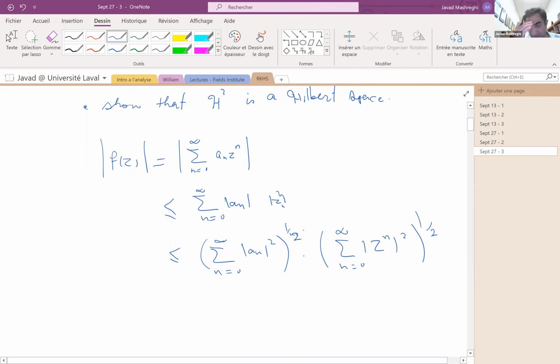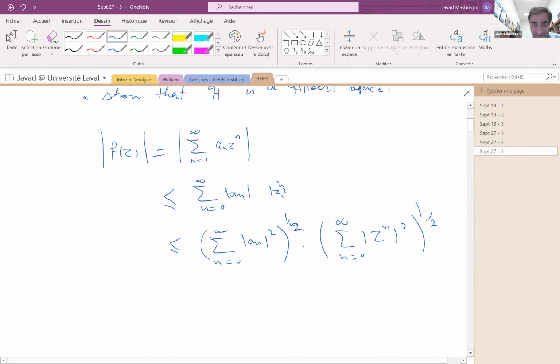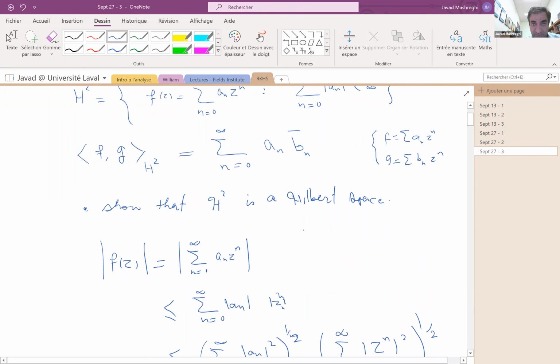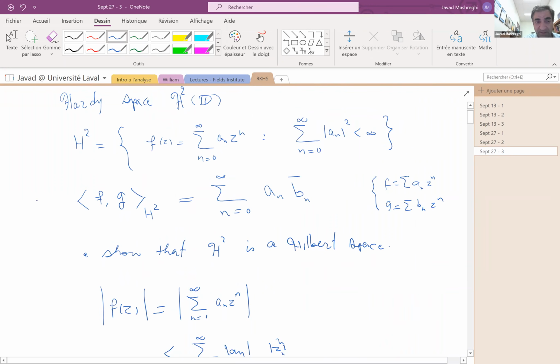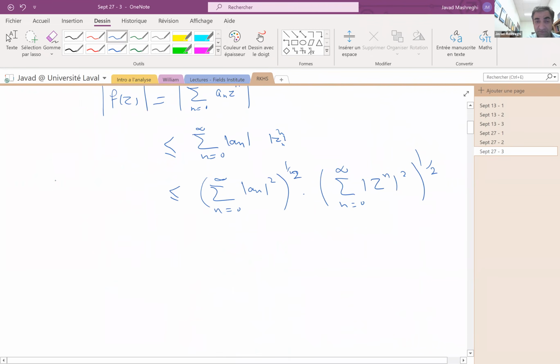I make too many mistakes, which is an indication that I'm tired now. I'll try to be more focused. So what is the first sum? The square root of the sum of the absolute value of a_n squared. It's the same thing as f equal to g, so it's the norm of f in H2.